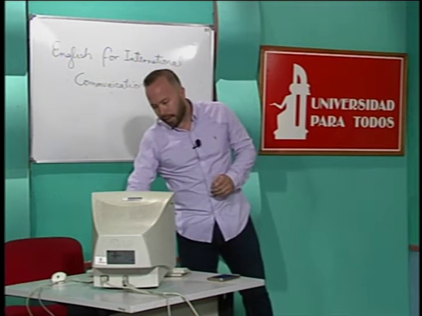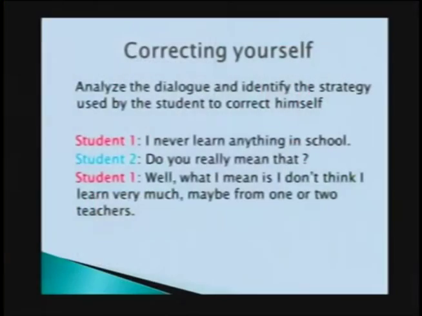Let's take a look at the slide. So let's analyze this dialogue and identify the strategy used by the student to correct himself. It is a conversation between 2 students. And student number 1 says, I never learned anything in school.